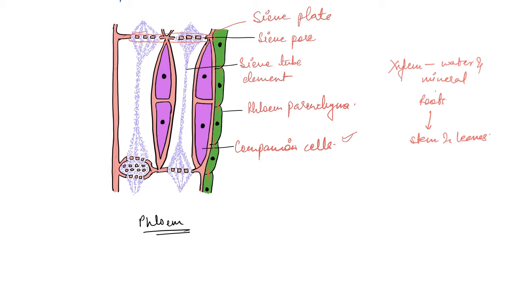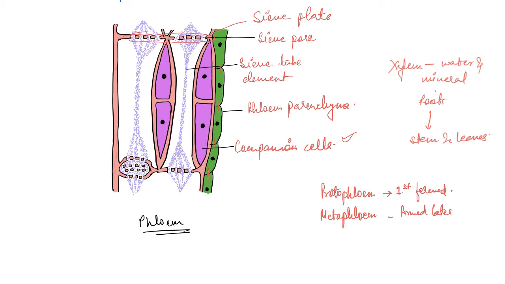Now, remember that the first formed primary phloem consists of narrow sieve tubes, and they are referred to as protophloem. So, again, as in the case of xylem, we have protophloem and metaphloem. Now, protophloem is first formed, and metaphloem is formed later, right?